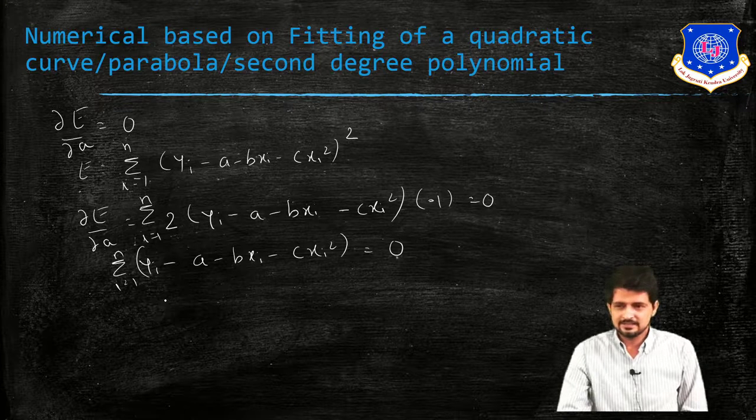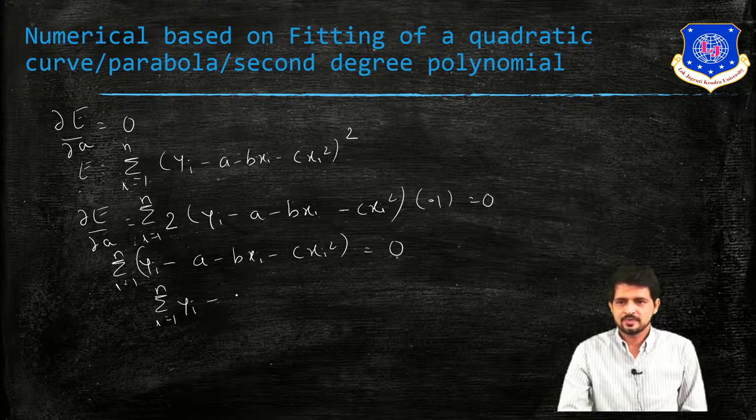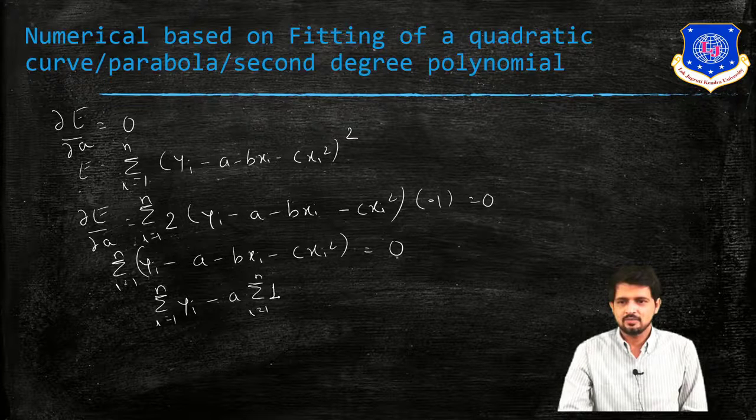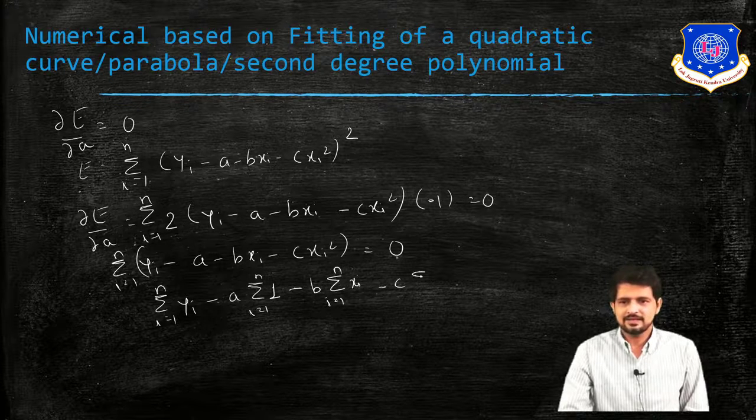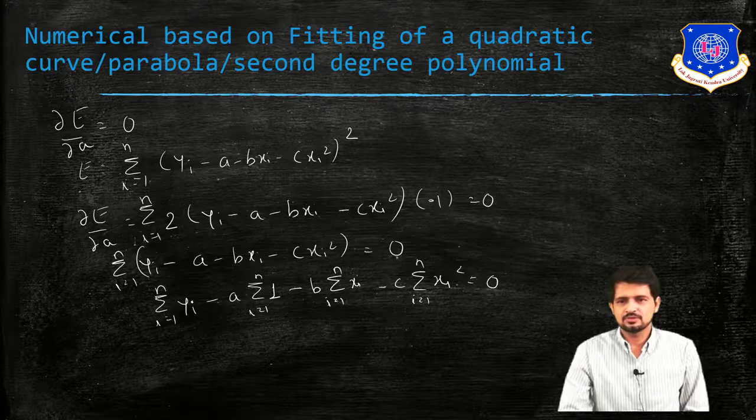Let us take the summation sign inside. Sigma i from 1 to n yi minus sigma i from 1 to n of 1 times a, minus b into sigma i from 1 to n xi, minus c into sigma i from 1 to n xi square equals 0.